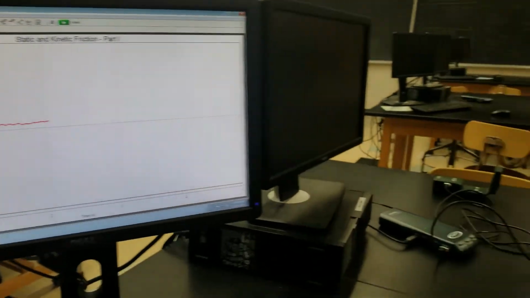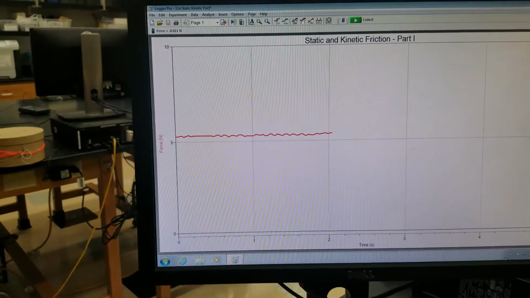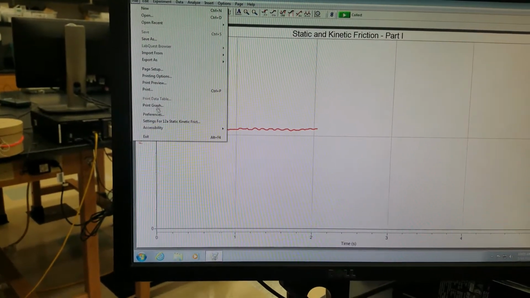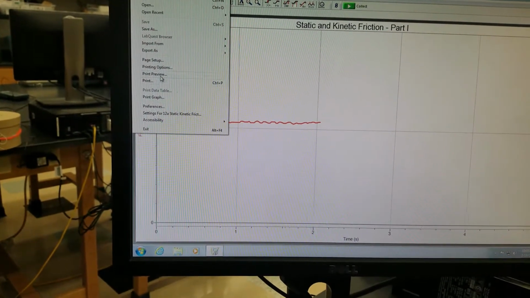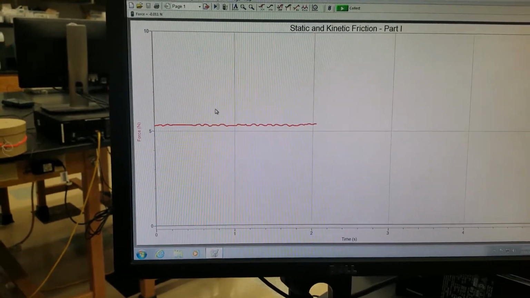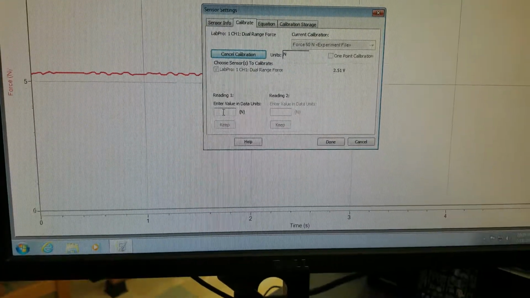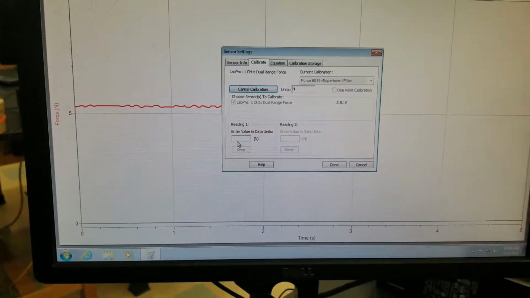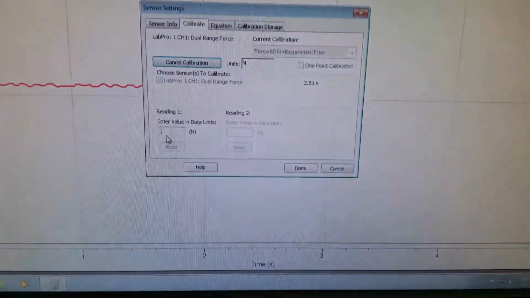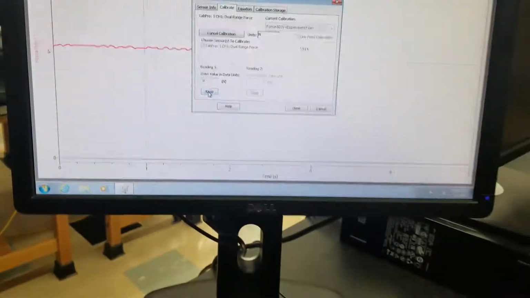The first thing I'm going to do is calibrate the force probe. First there's no force on the force probe, so I'm going to type in 0 and click keep.